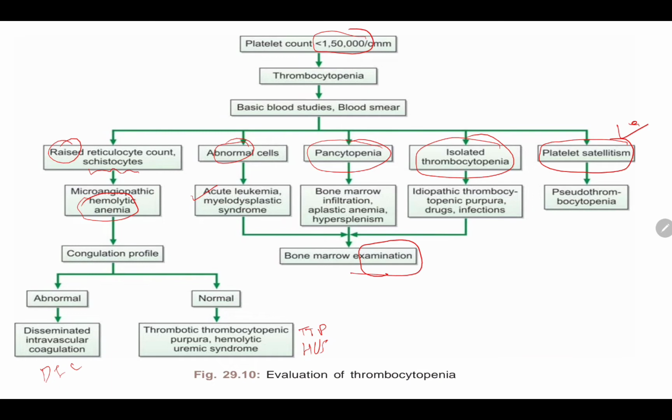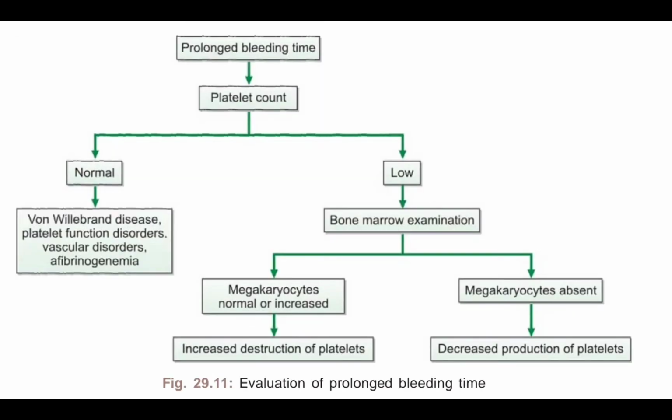If pancytopenia, there are causes like bone marrow infiltration, aplastic anemia, hypersplenism. Or if all these causes are ruled out and isolated thrombocytopenia is seen, we can think of ITP, or it might be due to some drugs, myelosuppressive or immunosuppressive drugs, or some kind of infection that leads to isolated thrombocytopenia.